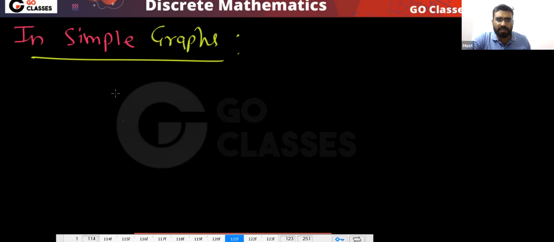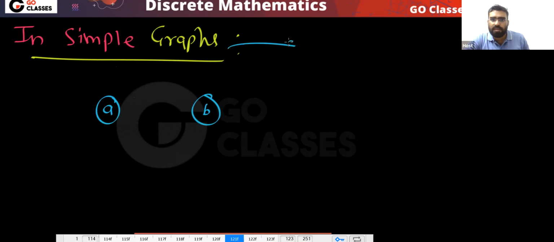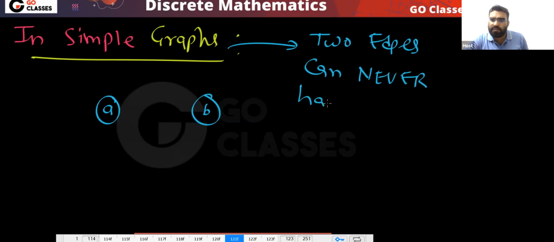Now in a simple graph, is it possible that two edges have both endpoints the same? You cannot have that. A simple graph doesn't have multi edges, right? So you can never have two different edges with both endpoints common.